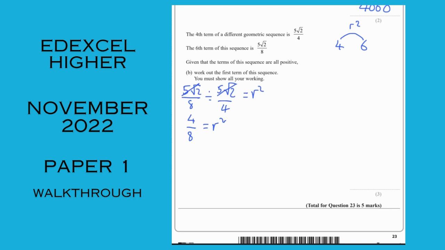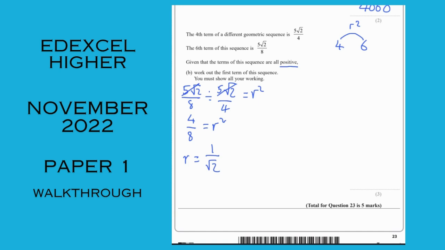So in other words, r squared is a half. It says all terms are positive. So we're ignoring the square root which gives us a minus, because multiplying by a minus would give us some minus numbers in the sequence. So we take the 4/8 and we square root, and when we square root a half, we square root the top and we square root the bottom.